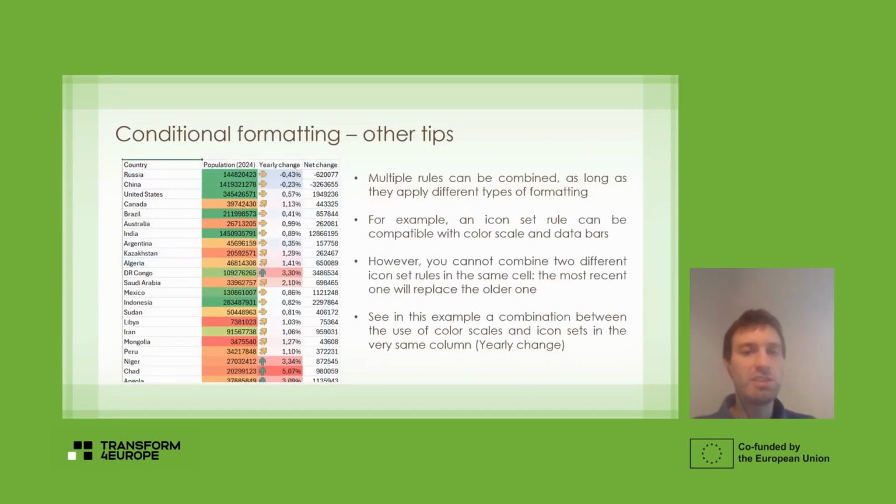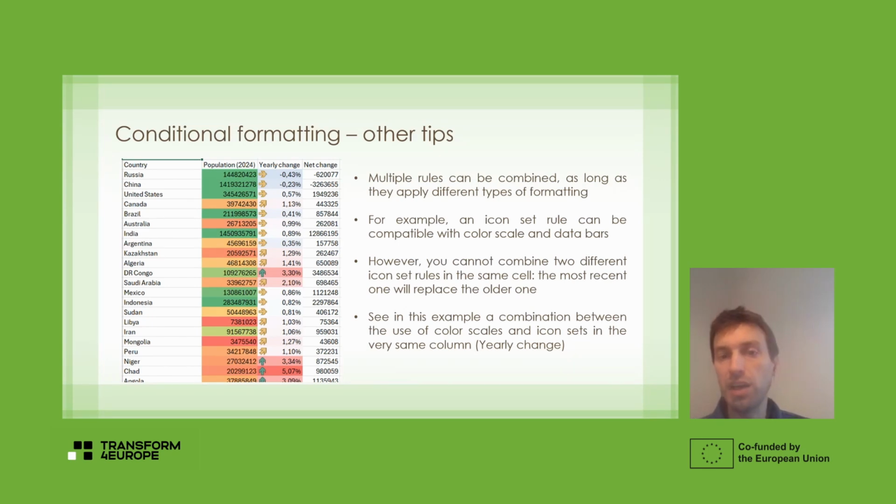So another interesting thing is that we can actually apply multiple conditional formattings to the very same column, as long as the two types of formats do not conflict with each other. So as you can see here in the yearly change column, for example, I have included both the arrow signs with an icon set, and I combined it with a color scale bar.